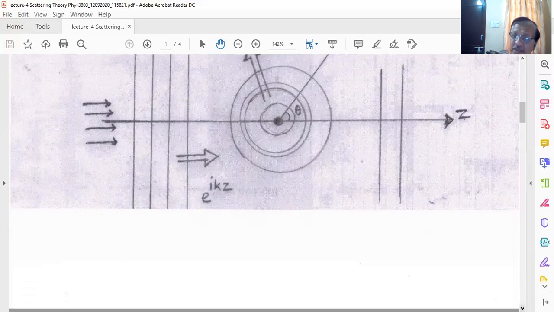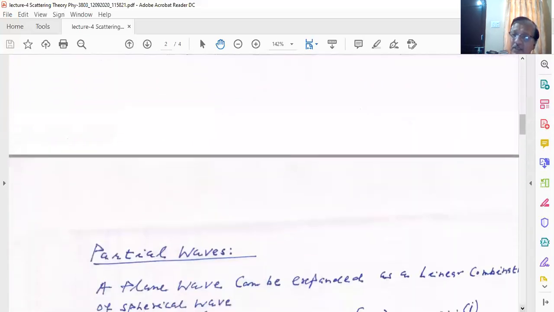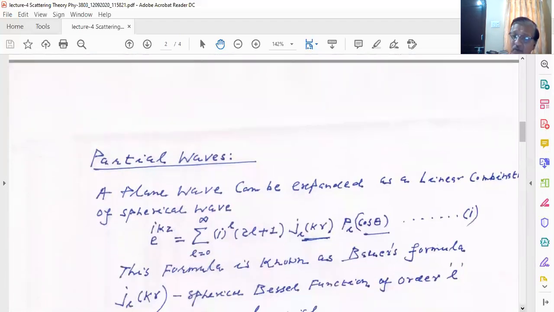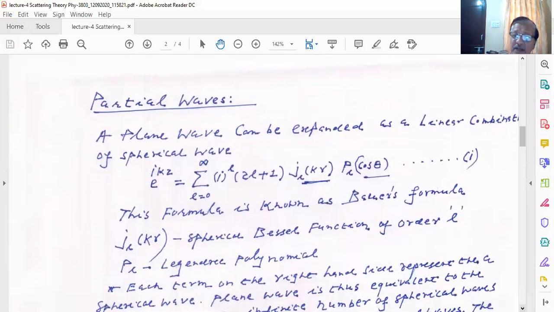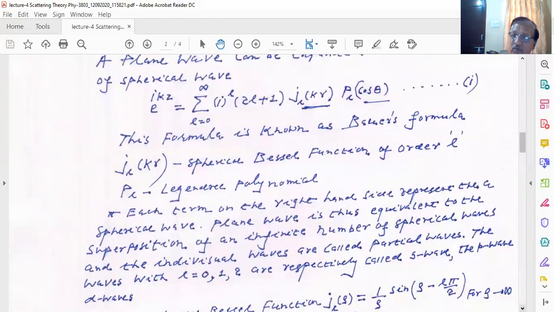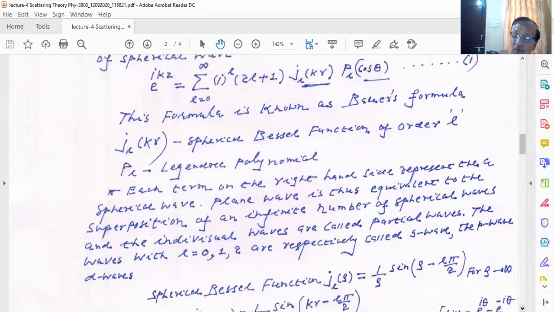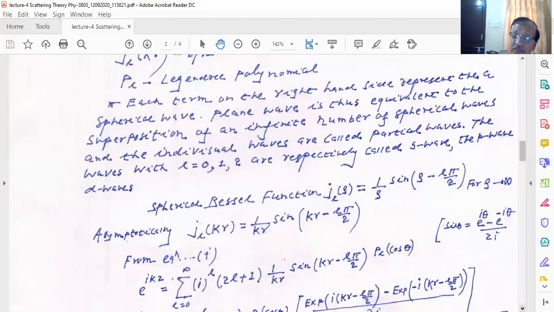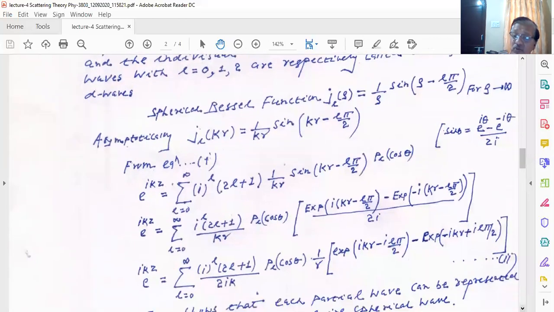So we are interested in studying the spherically scattered wave. The spherically scattered waves are characterized by the S wave corresponding to L equal to 0, the P wave corresponding to L equal to 1, the D wave corresponding to L equal to 2. So these waves we would like to understand.